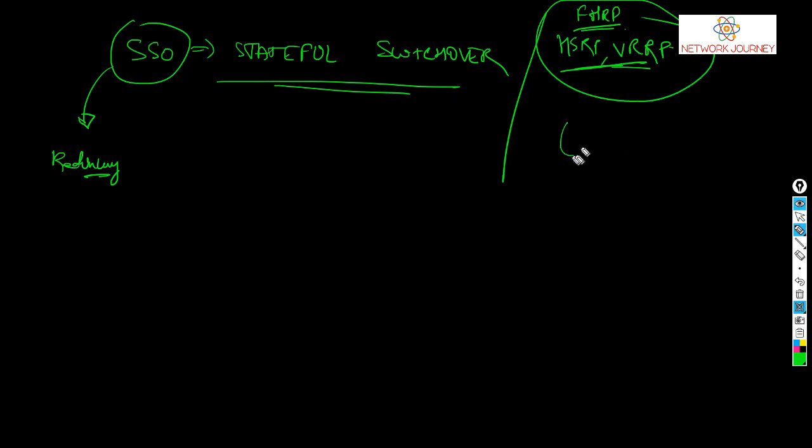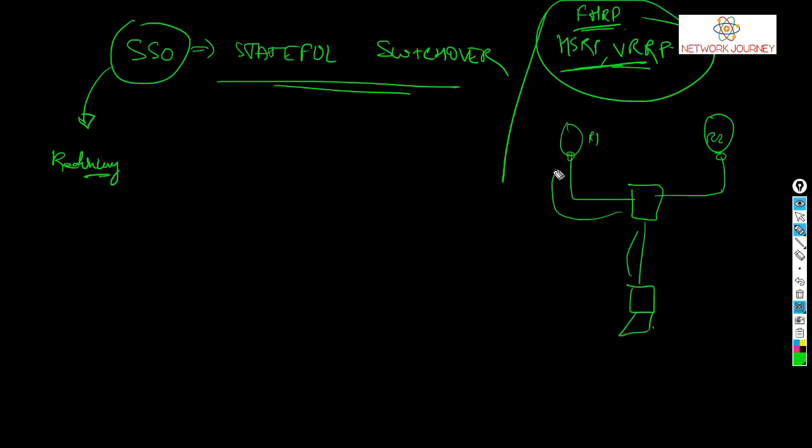If I have, let's say, 2 routers connected to a switch, I'm going to enable HSRP here. From my LAN user point of view, who was sending the traffic here, if all of a sudden this interface goes down, the switchover happens and the traffic now starts taking this path.